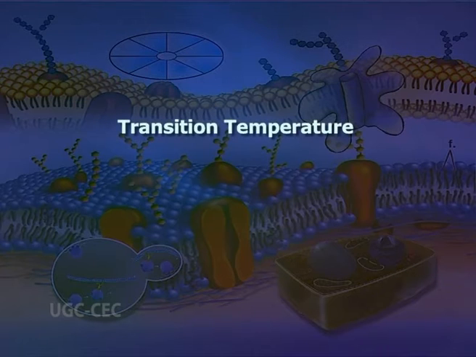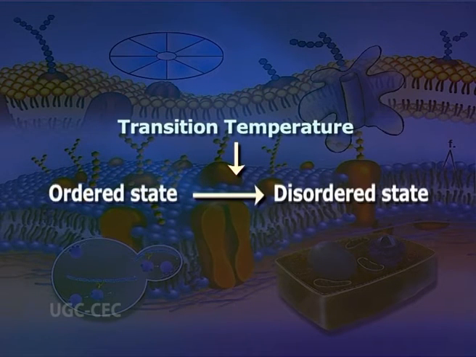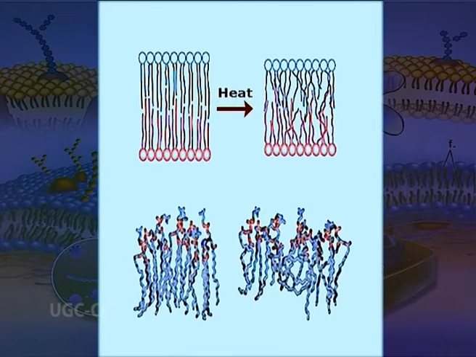The change in state that occurs at the transition temperatures is a shift from an ordered state to a disordered one. The increased disorder above the transition temperature is illustrated by the increased lateral mobility of the lipids. So, the fluidity of a membrane is related to the mobility of its phospholipid components.